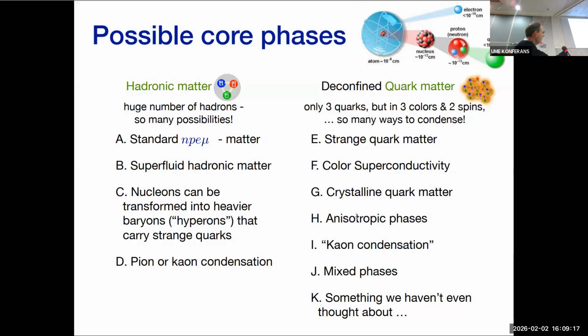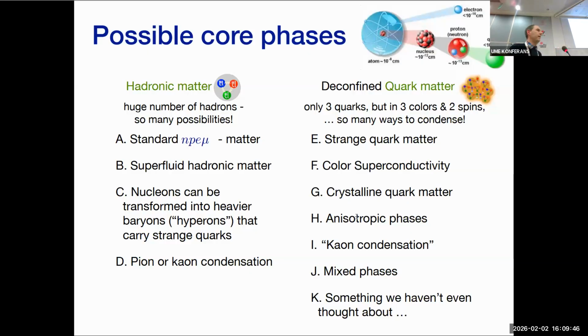These nucleons can become superfluid. I might say more about this. They can be transformed into heavier baryons, these hyperons, via weak interactions that involve strangeness. There could be other hadrons, so-called mesons, pions, or kaons.